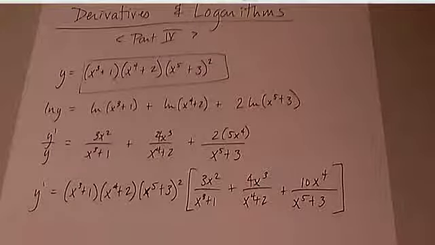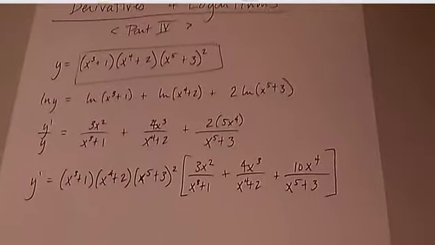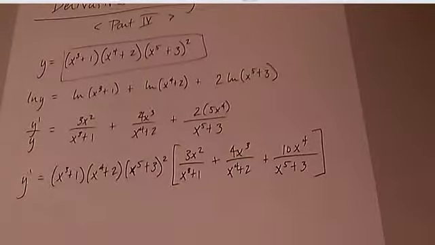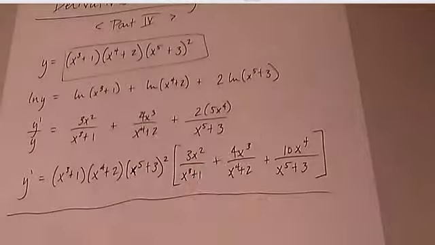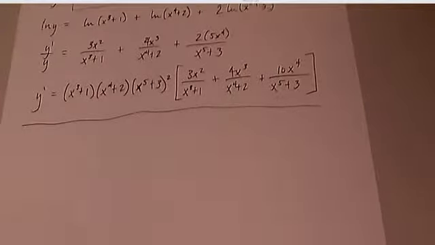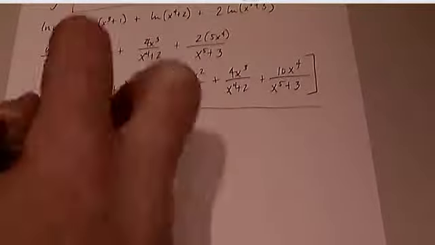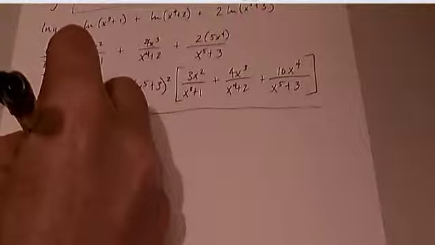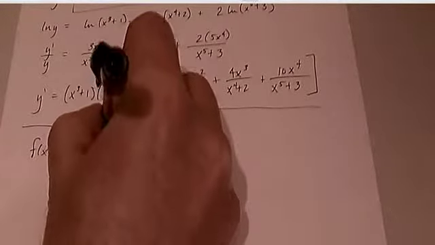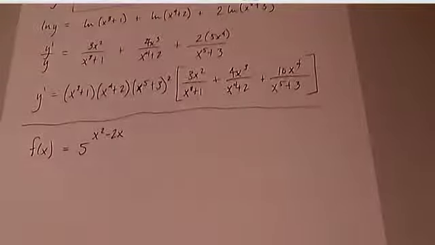Now, a little bit more difficult than that are the ones where logarithmic differentiation is required. But before we get to those, I want to re-emphasize how we are actually using logarithmic differentiation behind the scenes when I get 5 to the x squared minus 2x, okay?